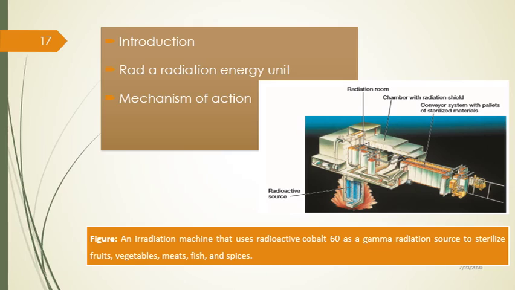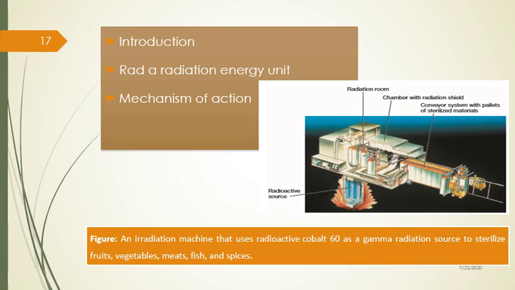When we discuss the mechanism of action, ionizing radiation damages the DNA and produces peroxides, which act as powerful oxidizing agents in cells. This radiation can also kill or cause mutations in human cells if it reaches them.